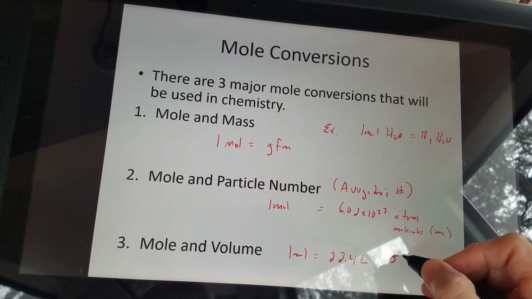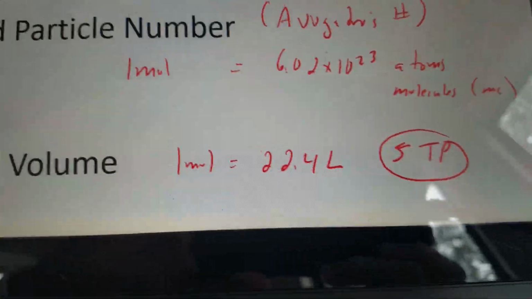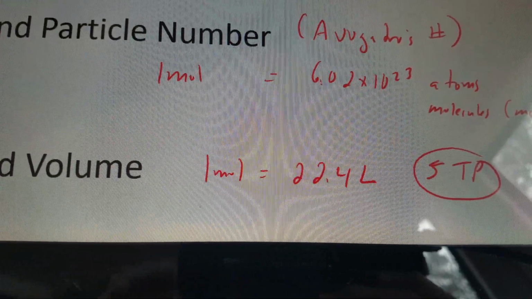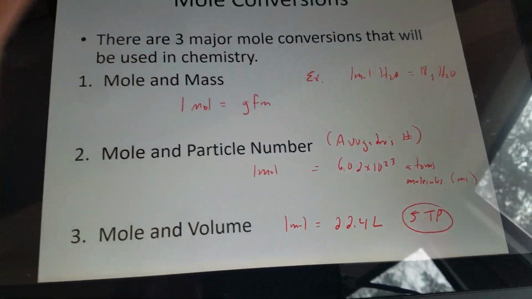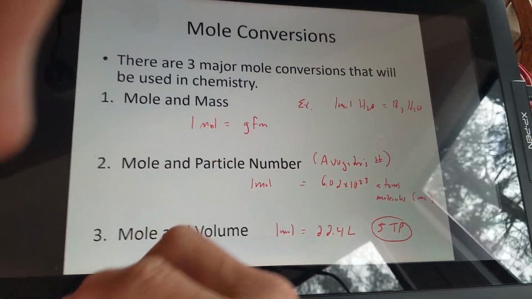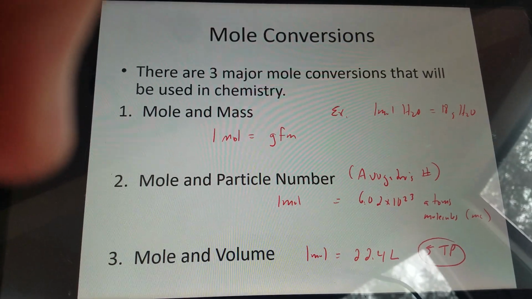So we'll talk more about that later on, and we're just going to assume for right now that we are at standard conditions so that we can make use of this conversion factor. But later on when you do gas laws, you may have to make some other stipulations and some other changes in order to use that conversion factor.